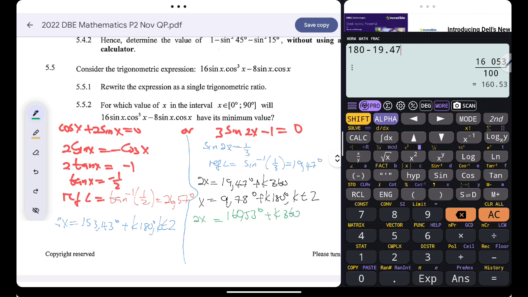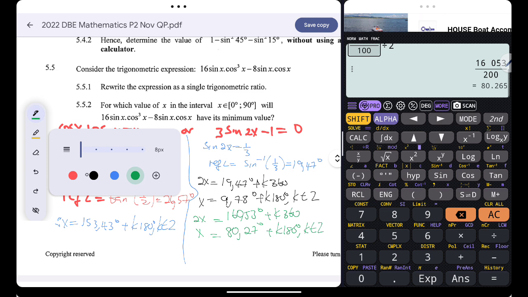Then I can divide both sides by 2. I'll have x is equal to 80.27 plus k 180, where k is an integer.